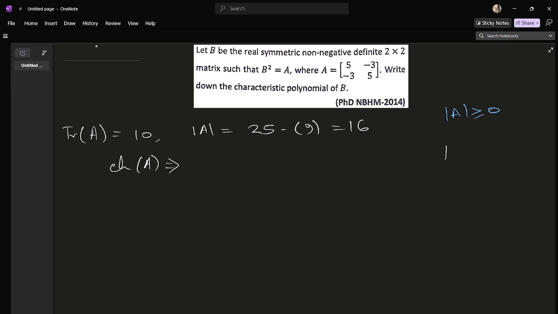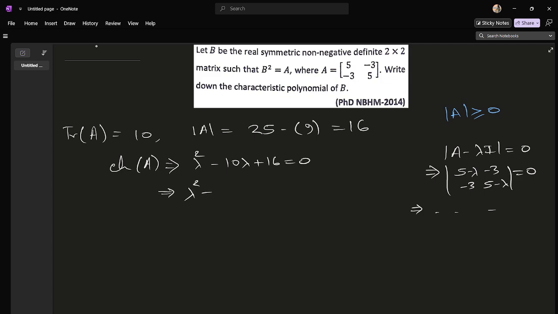We can find this from this determinant: 5 minus lambda, minus 3, 5 minus lambda, and otherwise we can write it in this manner: lambda square minus trace of A lambda plus determinant, which is equal to 0.